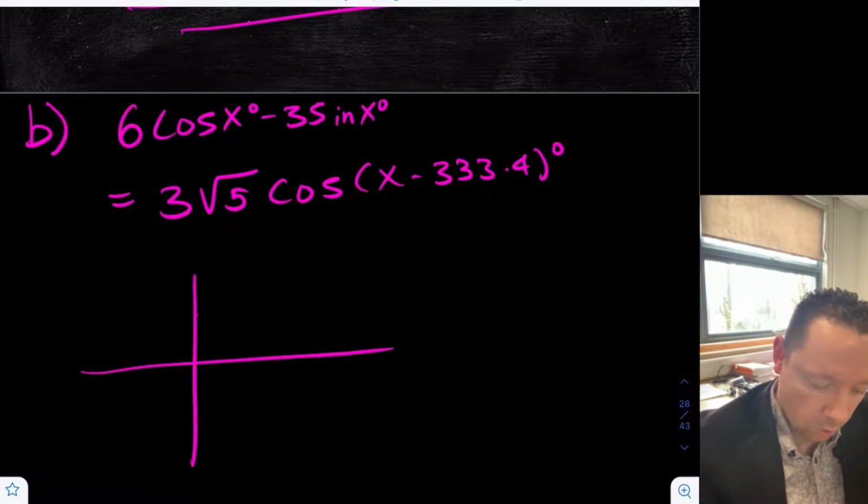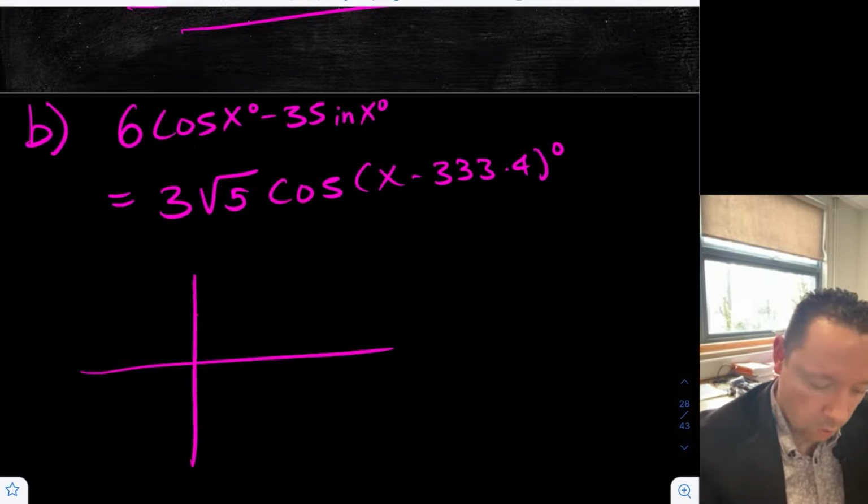So where does the minimum value normally occur? Well, usually it goes 90, 180, 270, 360. But this here, x minus 333.4, means it's been shifted to the right by 333.4. Now, if I shift from 180 to the right, it will take me outward for 360. So I need to find the next value. So you could just go up and then take away 360.